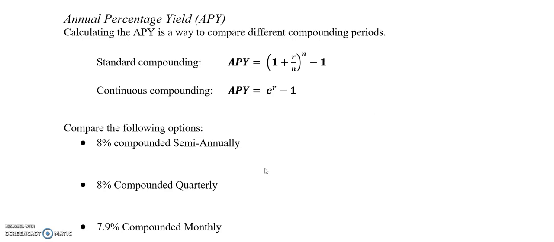So even if you have the same APR of, say, 5%, if it's compounded annually, you're going to earn less interest than if it's compounded semi-annually, or quarterly, or monthly, or even daily. And so that's where APY comes into play. You are going to use not only the R, the rate, but also the number of compounding periods to determine what the APY actually is and which one's a better deal.